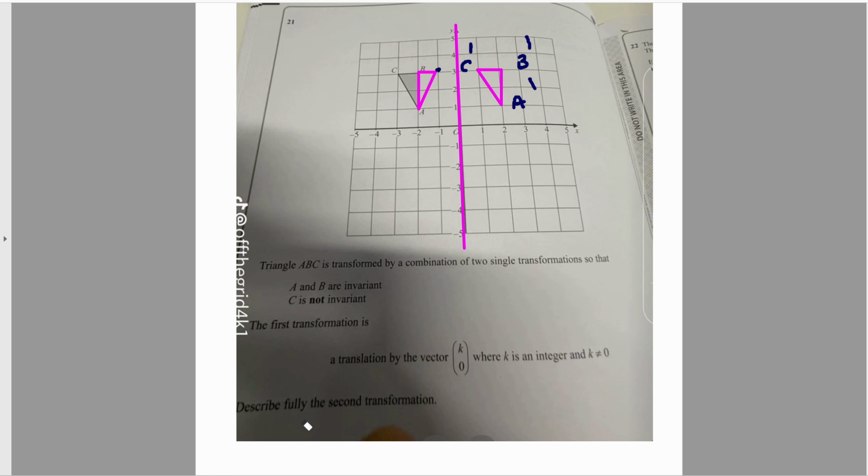So describe fully the second transformation. It's a reflection in x equals 0. x equals 0 is the y-axis. And k, how many did I actually move it to the right? 1, 2, 3, 4. So it's actually supposed to be 4, 0.